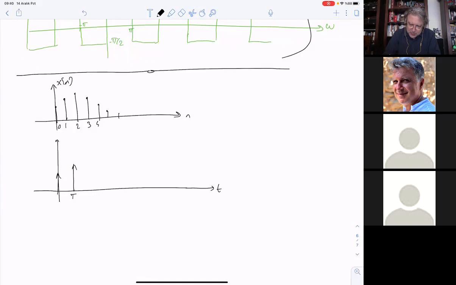So you first convert the discrete samples to impulses with the correct sampling period. Maybe like this. It's continuing like that.